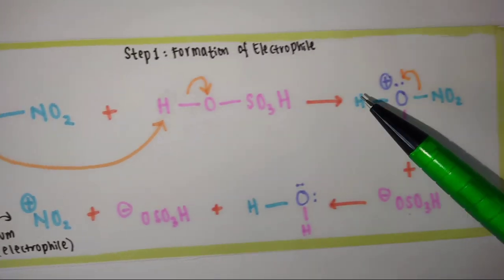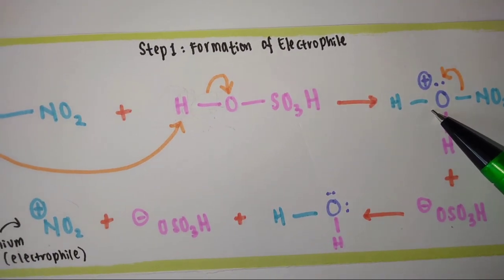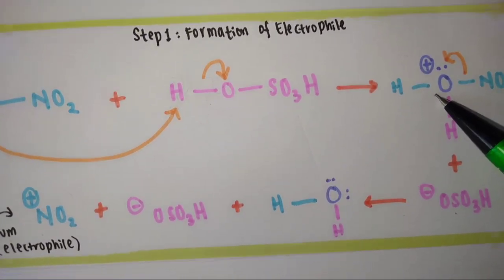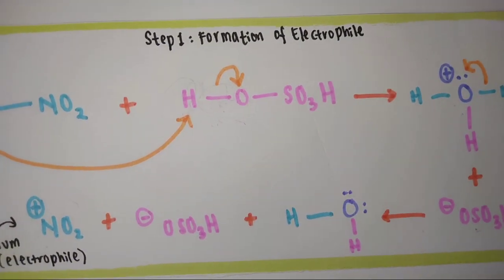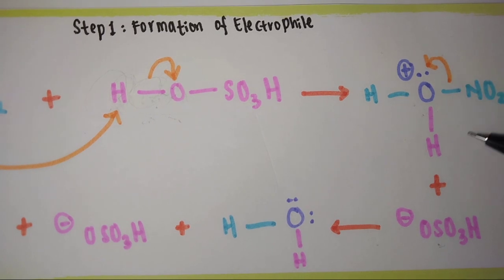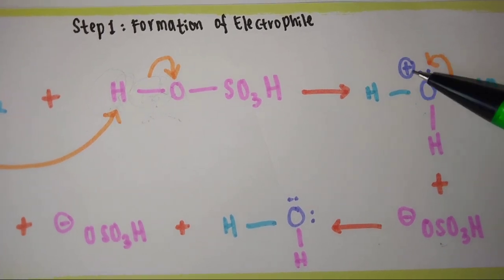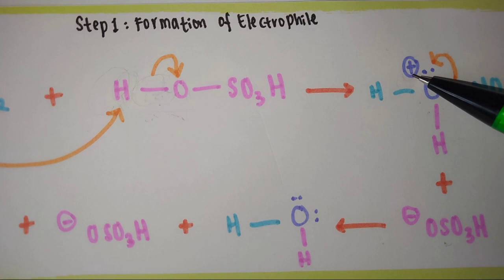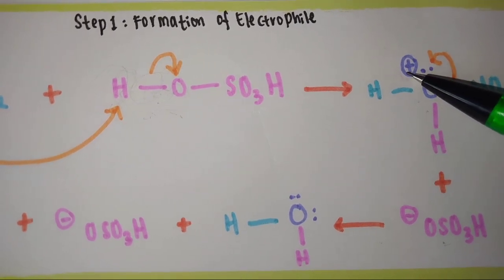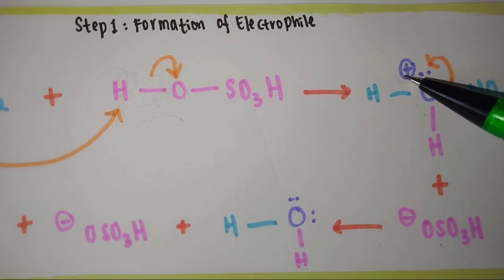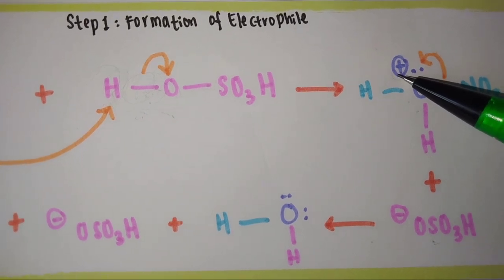This produces H2NO3 plus and also HSO4 minus. They are not stable, and there is a plus here because on this oxygen atom there is one more bond than usual.